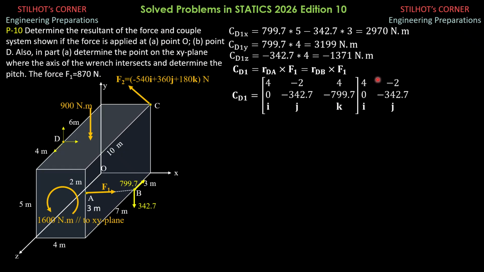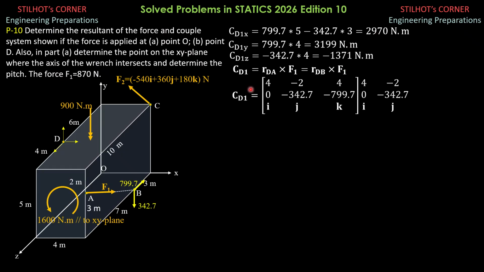Then minus negative, so that's positive 799.7 times 4, which checks this value. Then for K, 4 times negative 342.7, then minus 0, so it's negative 4 times negative 342.7, which checks this, so negative 1371. So just check I, 2 times 799.7 plus 342.7 times 4, and it should be 2,970.